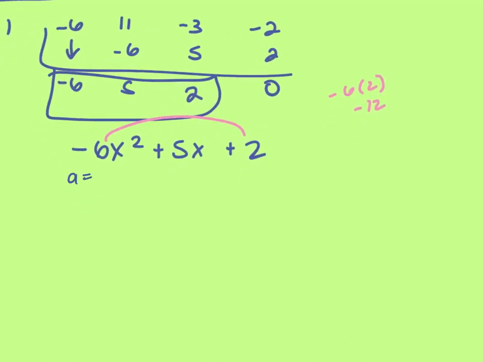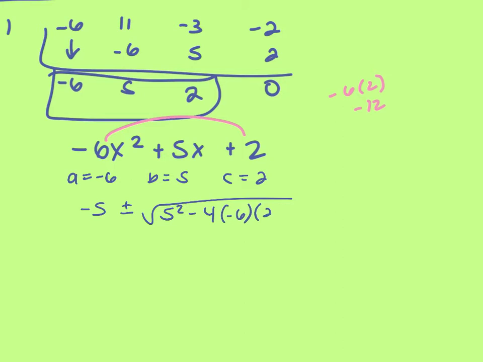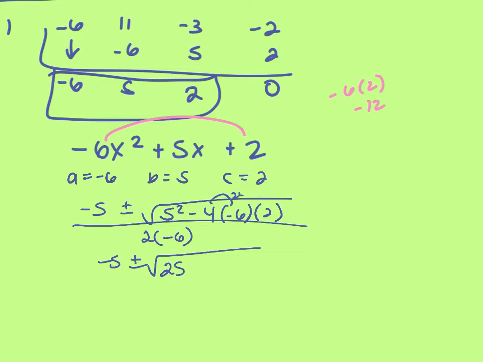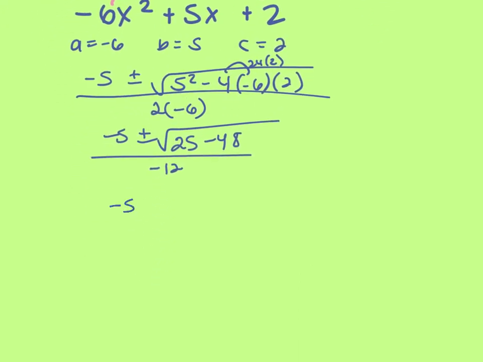A is -6, B is 5, C is 2. -5 plus and minus the square root of 5 squared minus 4 times A times C, all over 2 times A. -5 plus and minus the square root of 25. This is 24 times 2, 48. 25 minus 48, -23 over, actually that's a positive 48 because it's a negative times a negative.